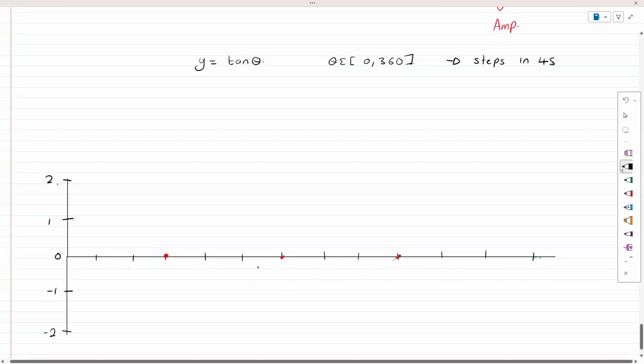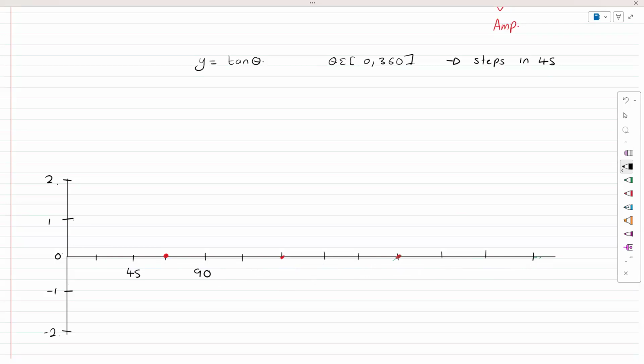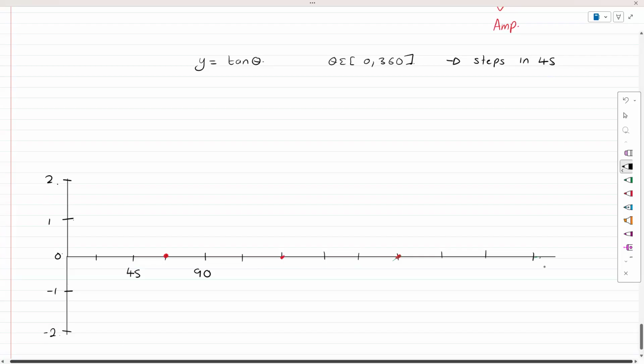So I'm going to go 45, 90, 135. I think I went too much. I gave you guys too much space.